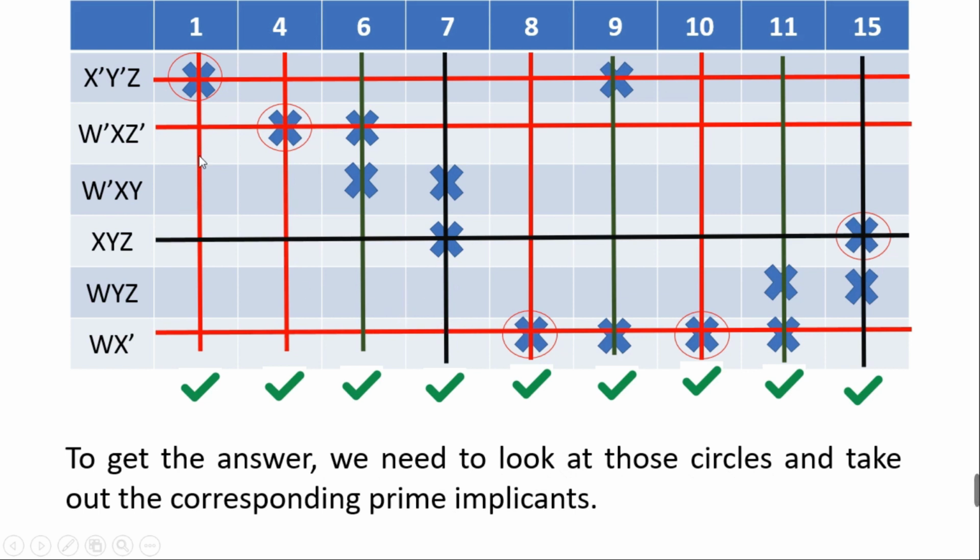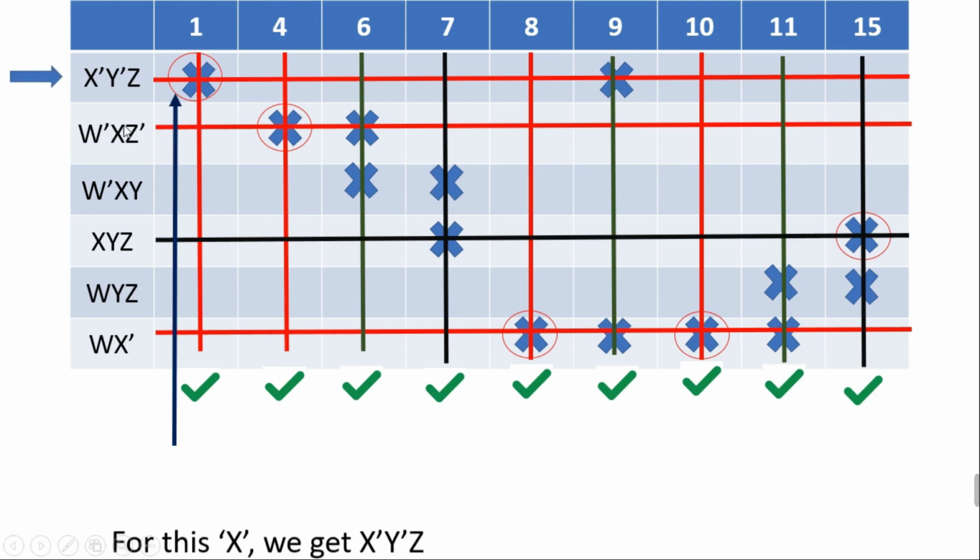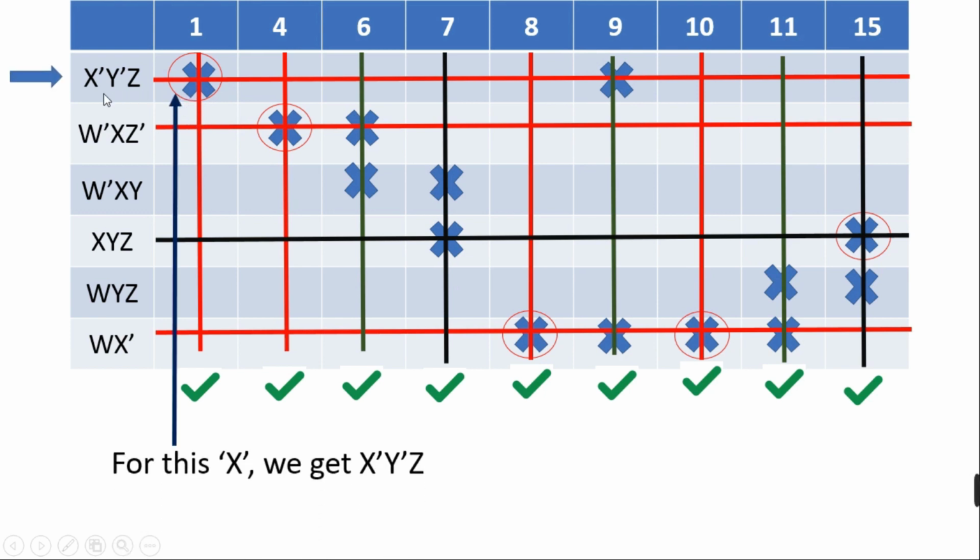That means as you see, there are different circles over here, right? There are some x's which are marked with circles. So we're going to look at those circles, and we're going to take the corresponding prime implicants from them. So let's see. For the first one over here, the prime implicant is x prime y prime z.